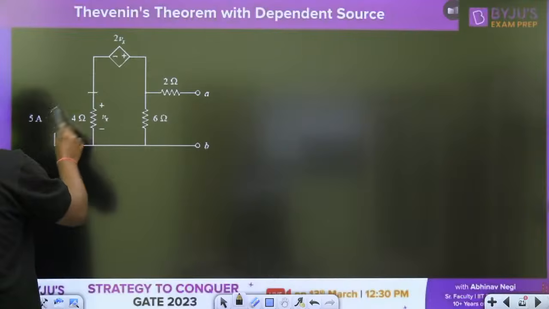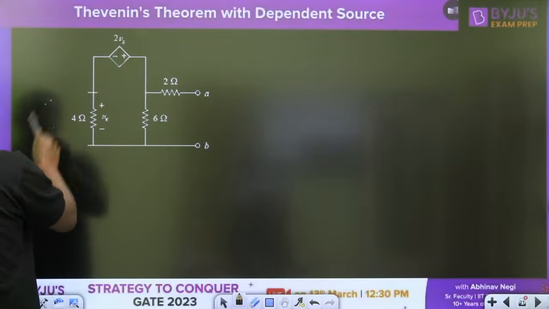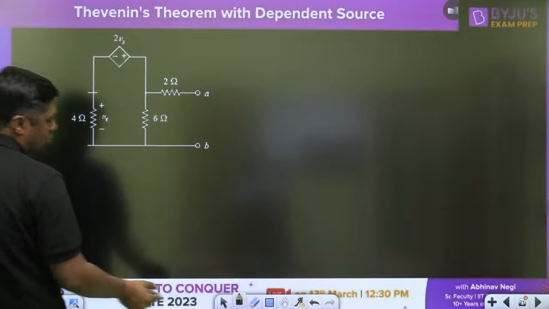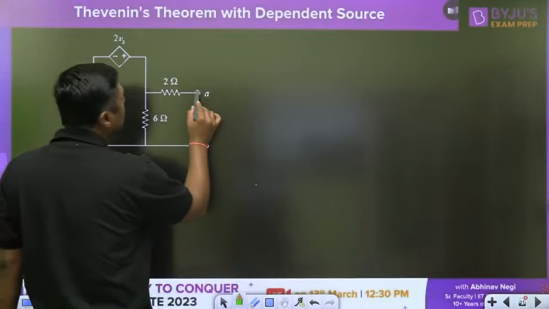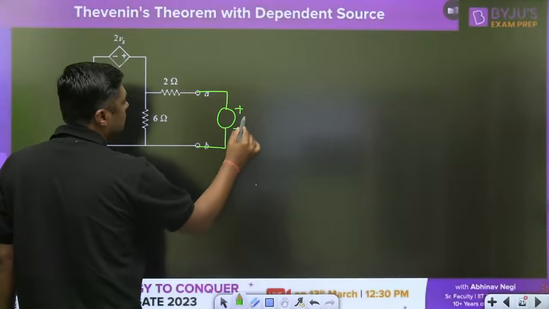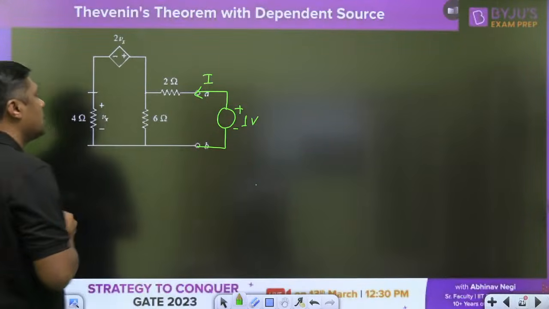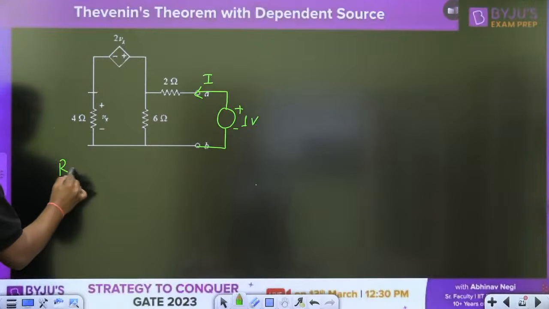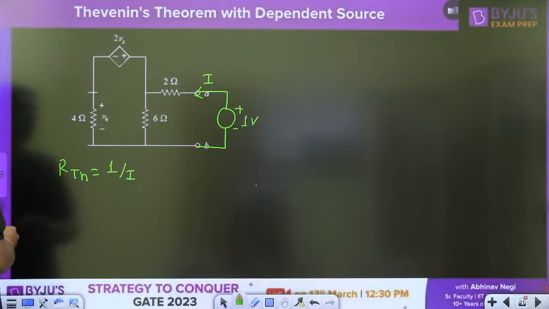Always, if this is a current source, make it open circuit. Because we have one dependent source, you have to apply a 1 volt battery here, and let this be the current I. Then RTH will become 1 by I.